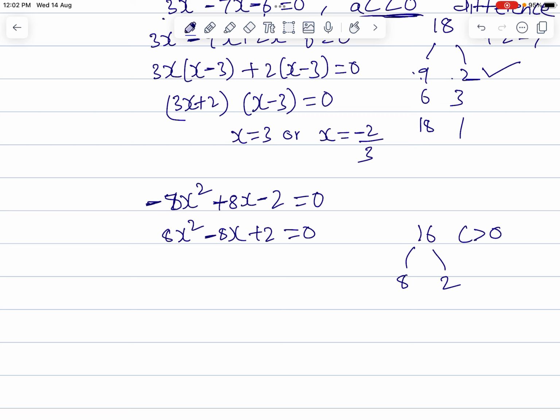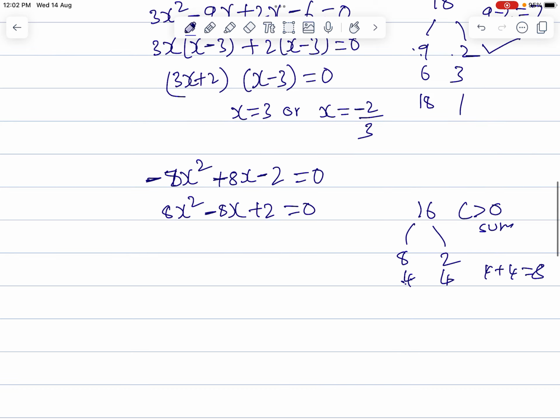8 2s, or we can also say 4 4s, but since we should look for sum, 4 plus 4 is equal to 8. Therefore, since we have a negative number here, we should go for minus 4x minus 4x, sum up it is going to be minus 8x plus 2 is equal to 0.